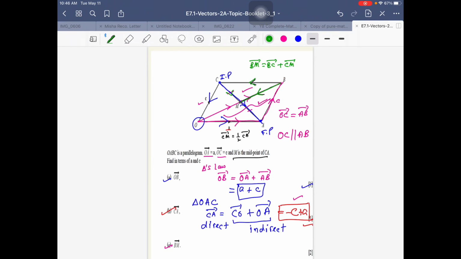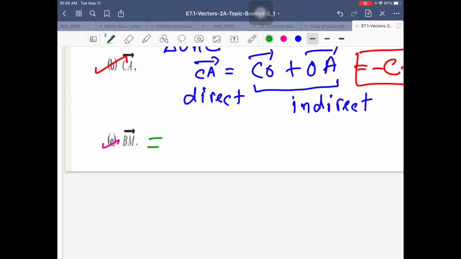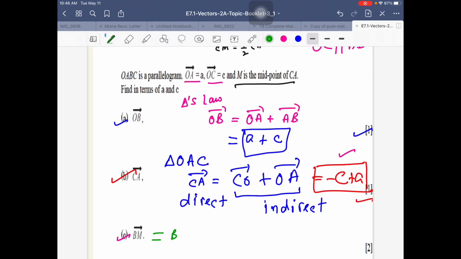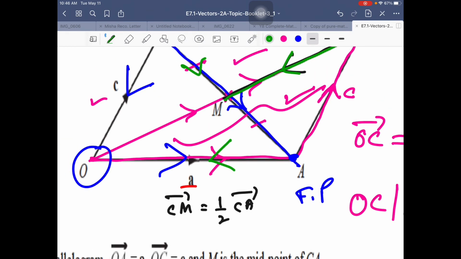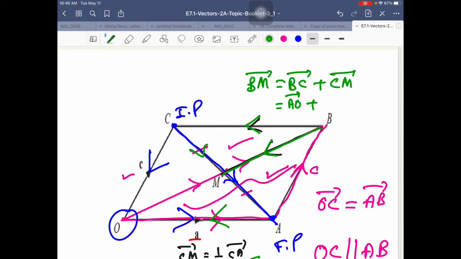So BM vector is BC vector plus CM vector. I write down here: BM vector is BC vector plus CM vector. Now we can see from this diagram that BC vector is equal to AO vector. They are parallel. So BC vector is equal to AO vector, plus CM vector is 1/2 of CA vector, because M is a midpoint.